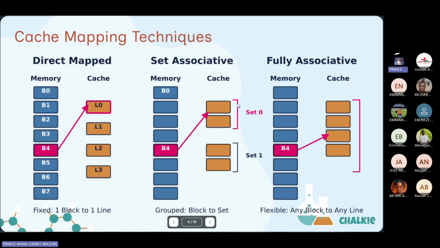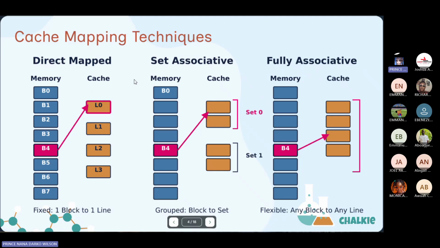However, the data that will be held here can be held on either this side or this side, so there are still options to pick from. This brings moderation. We are not strictly using one spot; in case it is taken, we can also come to the other side. So the set associative is the one used in a lot of modern computer systems, since it is very efficient. Let's keep that in mind.